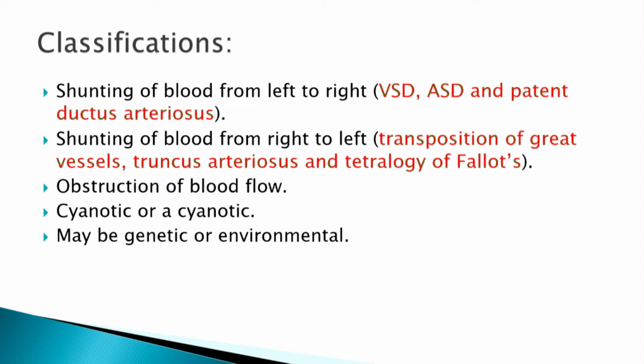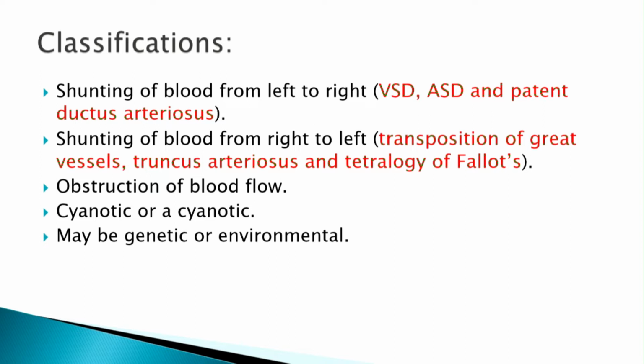Sometimes it can be classified according to obstruction of blood flow, as in case of pulmonary stenosis, or according to cyanotic or acyanotic. Sometimes these conditions may occur due to genetic or environmental factors. Genetic means certain genetic disorders, such as trisomy or Down syndrome.